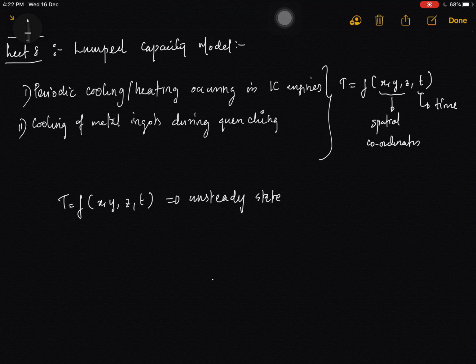In these two examples, the heat transfer occurs by conduction, and whenever the temperature depends on the spatial locations and also time, that case is unsteady state. So for these two cases, our heat conduction is unsteady state heat conduction.